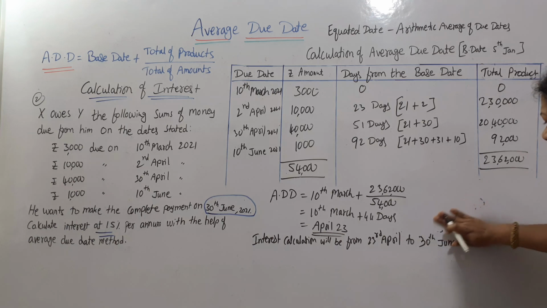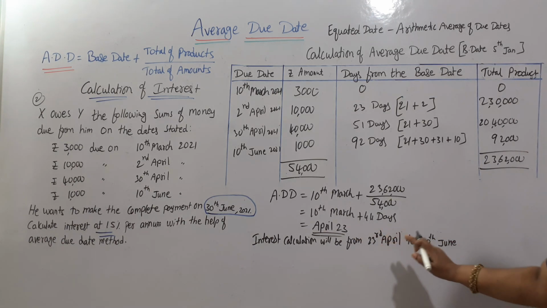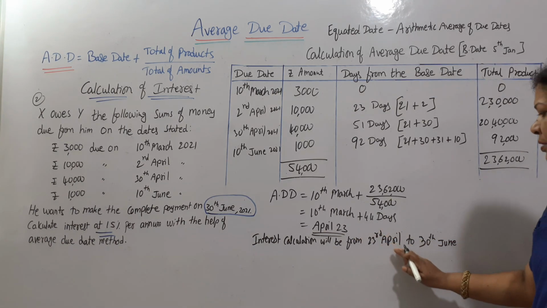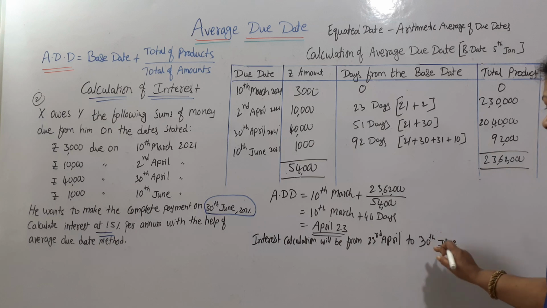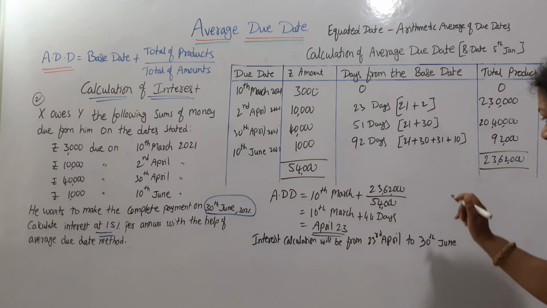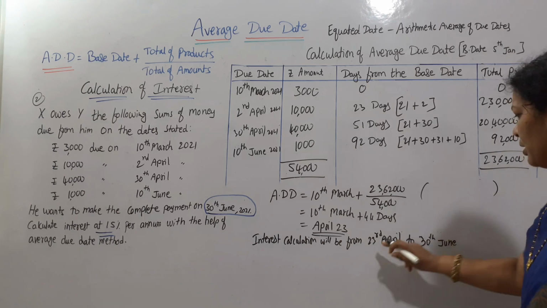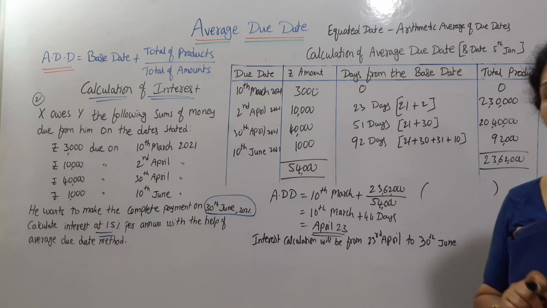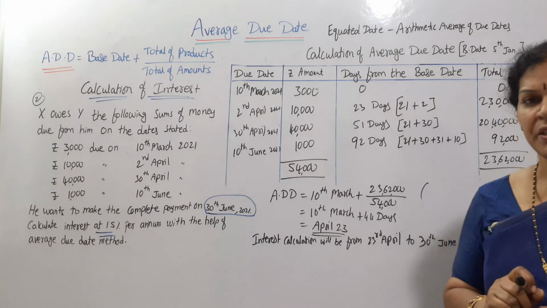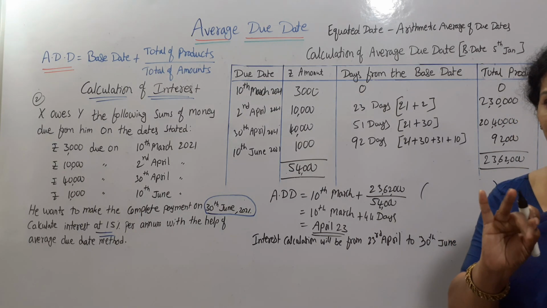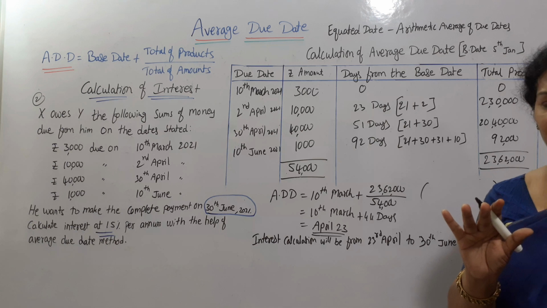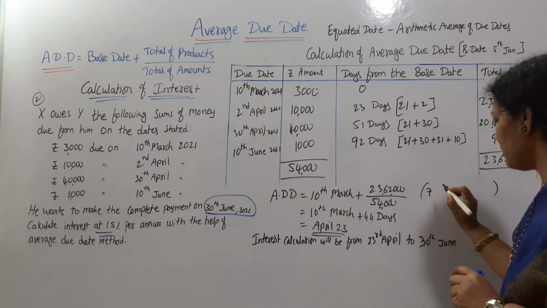So roughly we'll calculate here. 23rd April to 30th June, how many days does it come to? 23rd April to 30th April, 7 days, right? 24, 25, 26, 27, 28, 29, 30. April is 7 days.